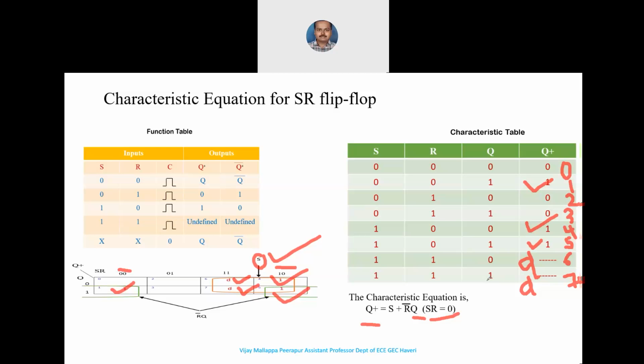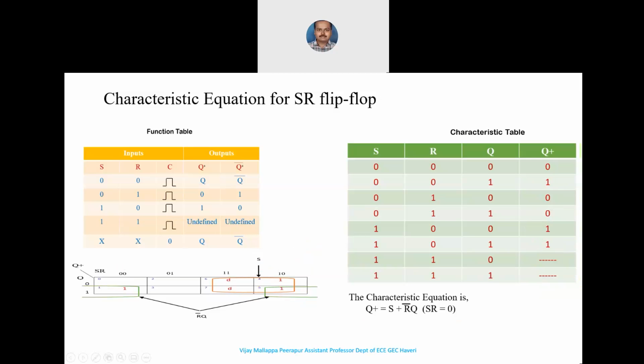We'll discuss the characteristic equations for these flip-flops in the next class. Any questions? If you have any questions, you can post them in the WhatsApp group so that we can discuss offline.